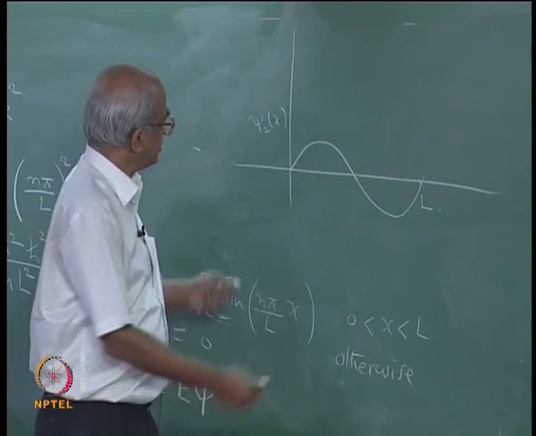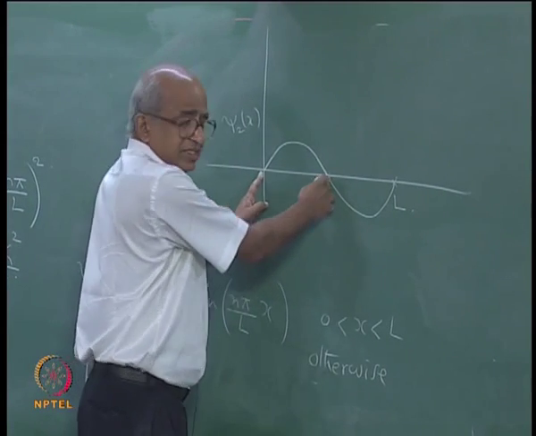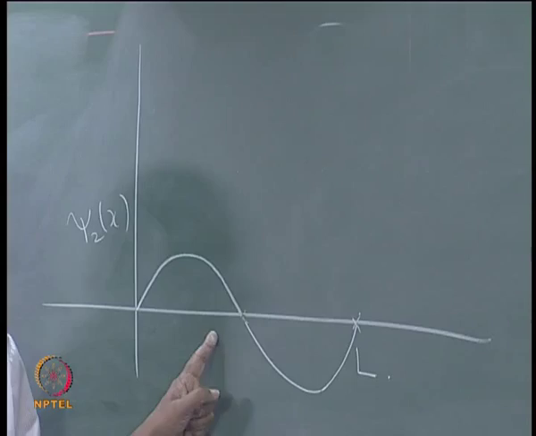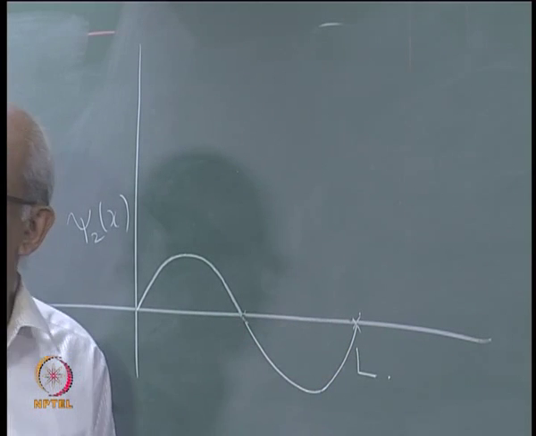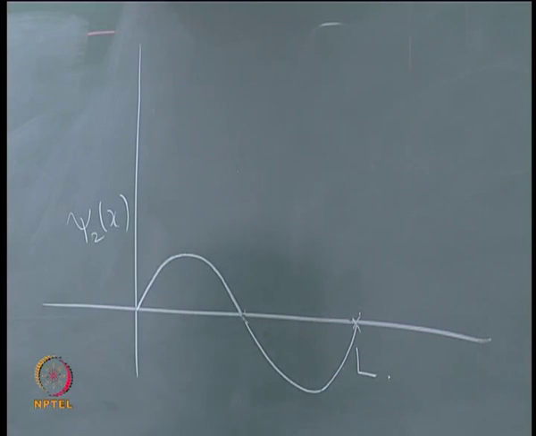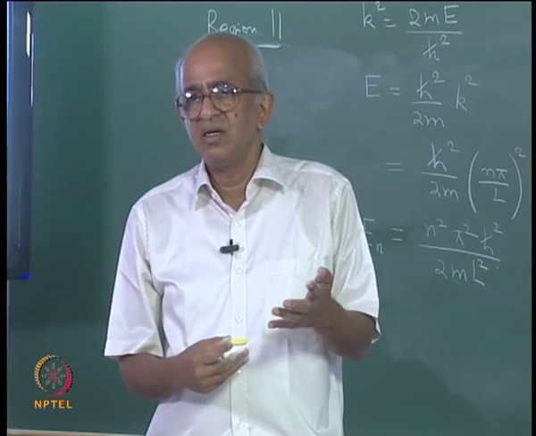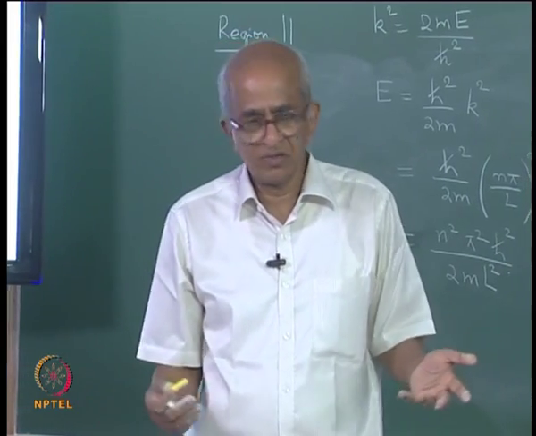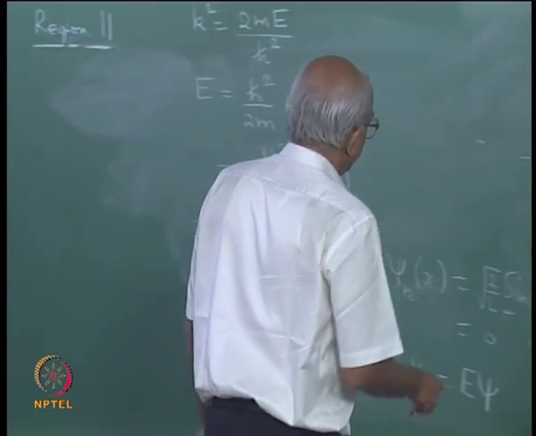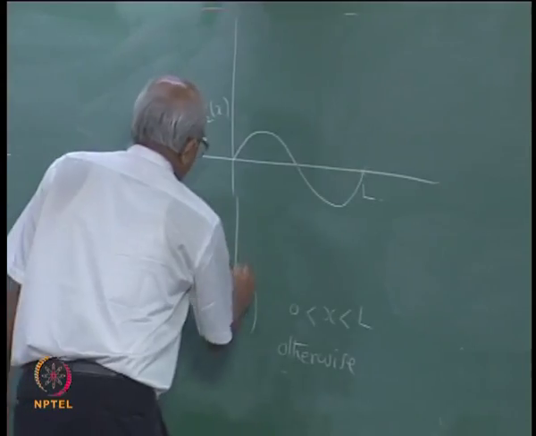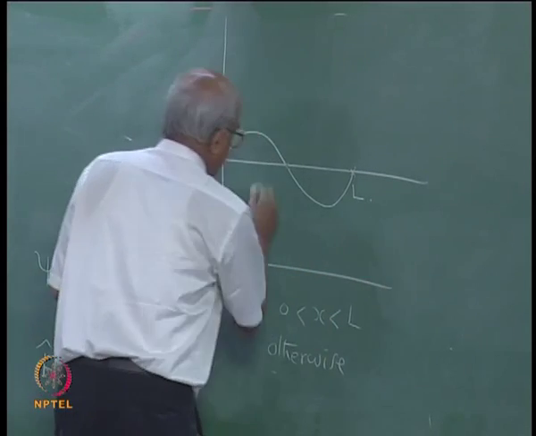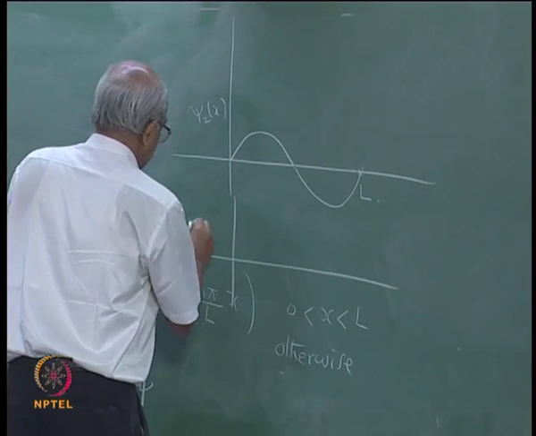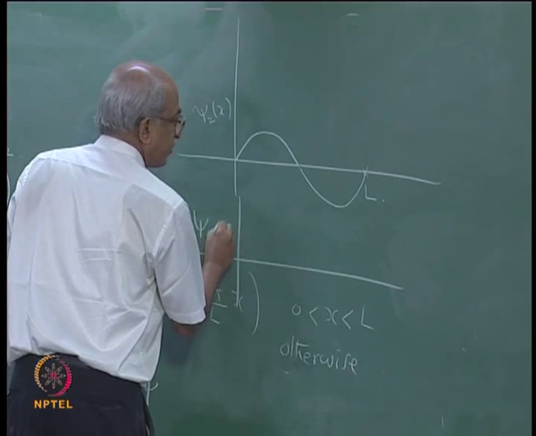So, in this range the wave function is positive, while in that range the wave function is negative. But the square of the wave function, which is the probability density, will always be positive. So, if you made a plot of the square, maybe I can make the plot just below this, psi 2 of x square.